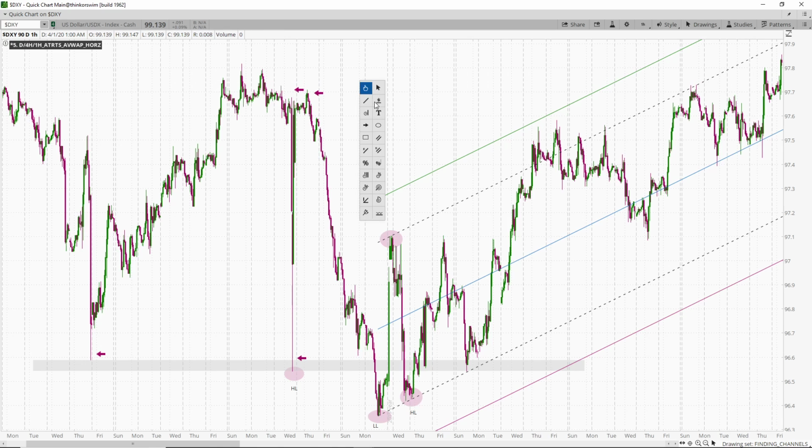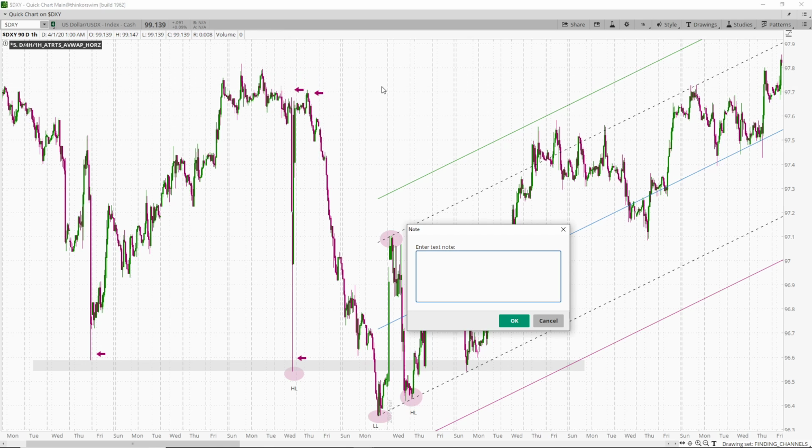I like to do lower highs for the zero coefficient, and I like to do higher lows as the zero coefficient.